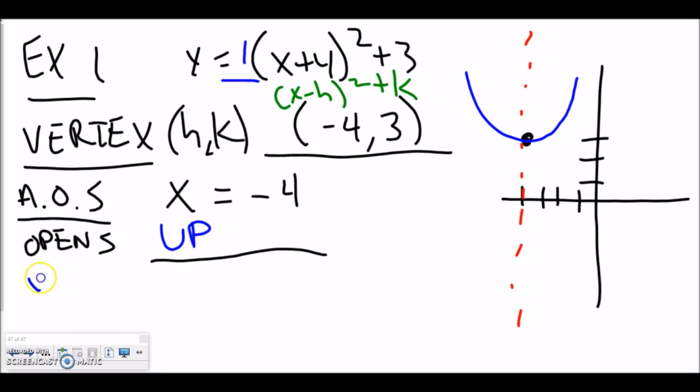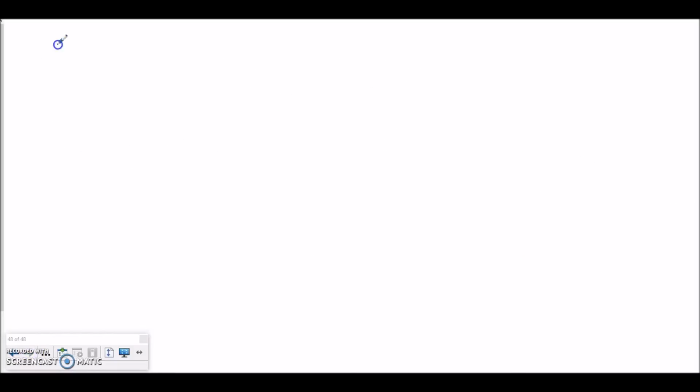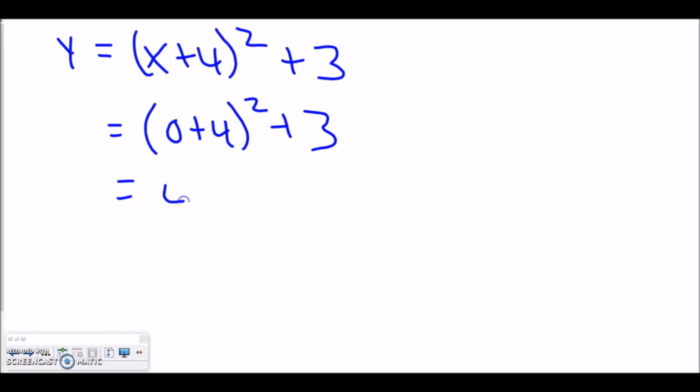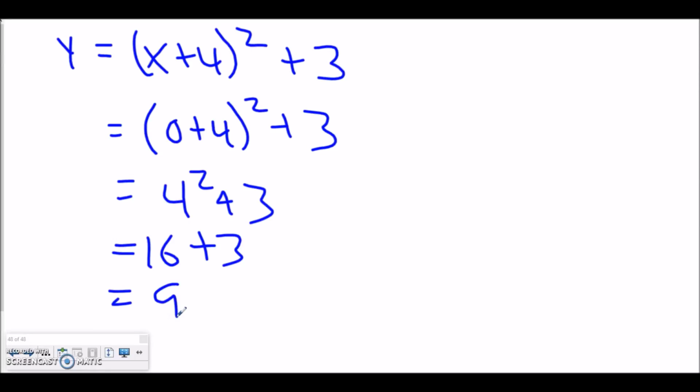All right, so now we need to find the y-intercept, and this is actually going to take a little bit of math, so let me go to the next slide. y equals (x plus 4) squared plus 3. To find the y-intercept, we let x equal 0. So put in a 0 and solve. 4 squared plus 3, that's 16 plus 3, that's 19.